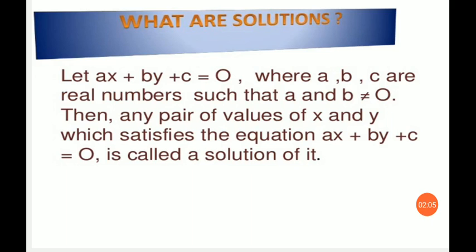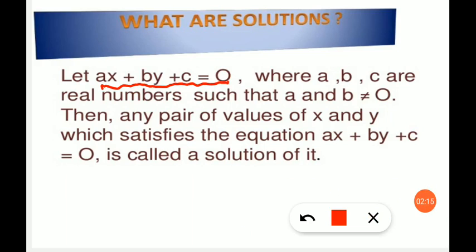So what are the solutions? If ax plus by plus c equal to 0 is a linear equation in two variables, then the pair of values x and y which satisfy the given equation is known as the solution of the equation.